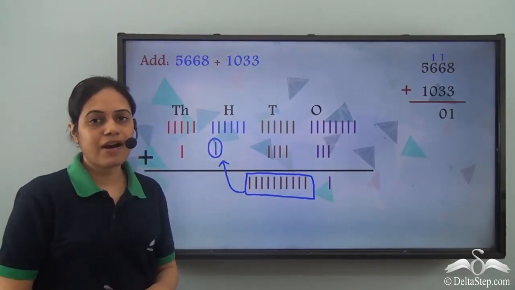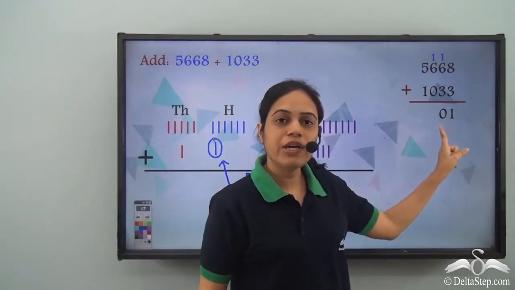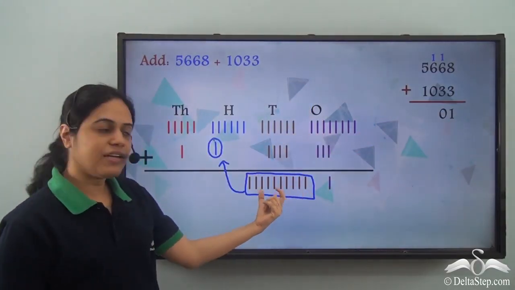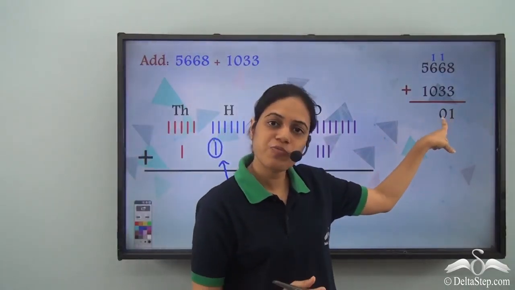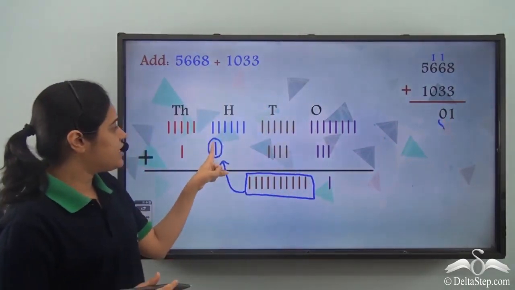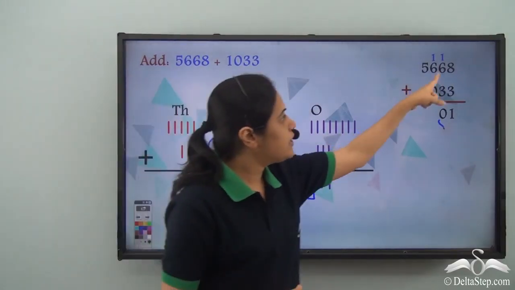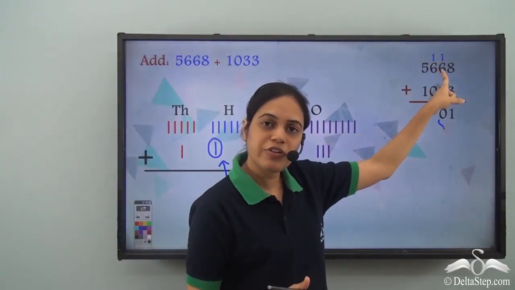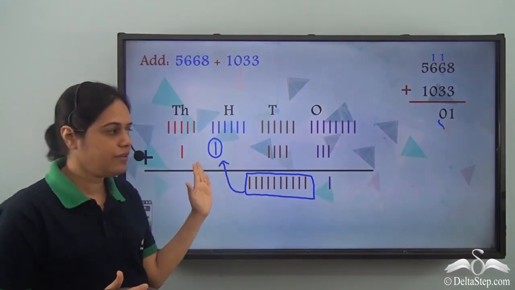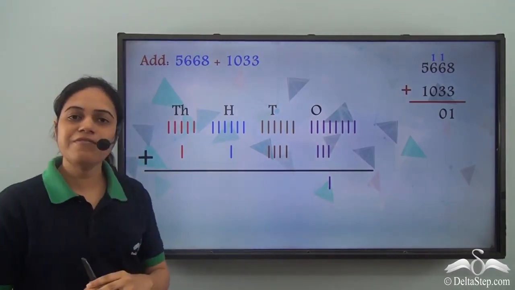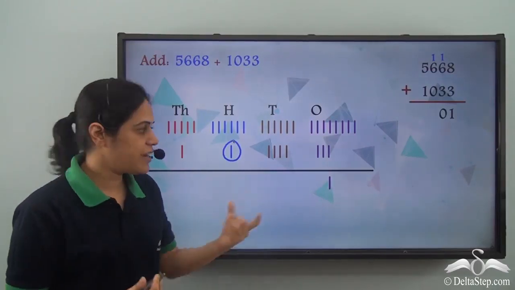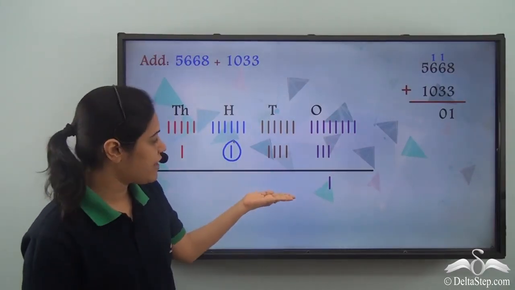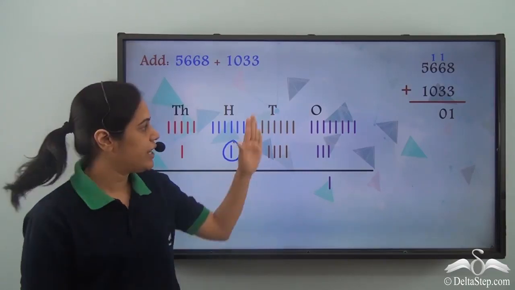This is the carry one, which is what we are doing here. So I don't have anything here. All have been grouped together. So I don't have anything here, which means I have 0. There is 1 which is carried to the hundreds place. So it is the same thing. So this is what we have. This one is actually what we carried from here, and we don't have anything here, which means 0 in the tens place.